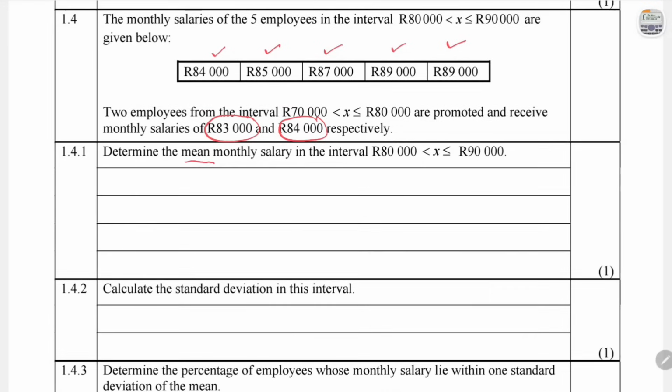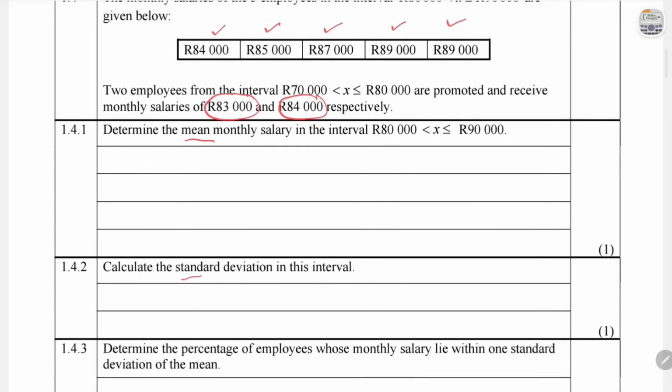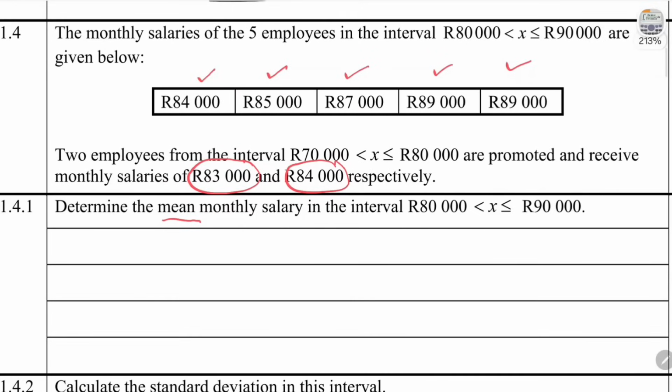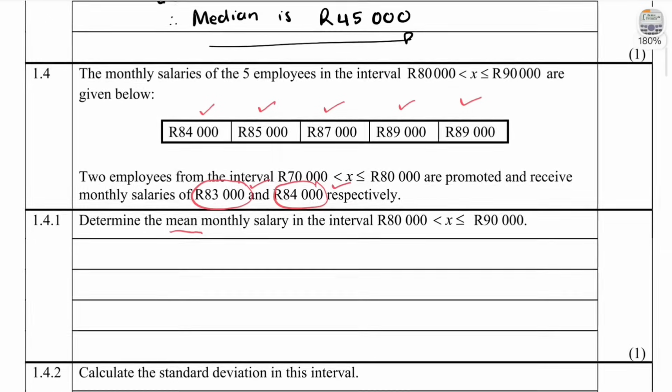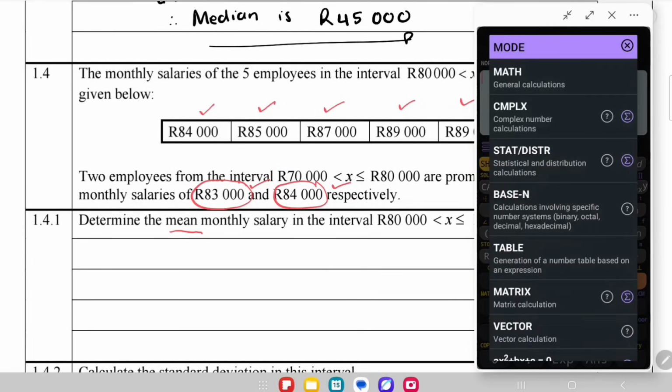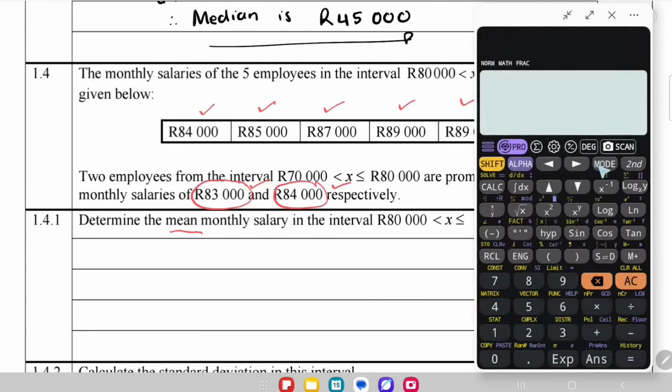So with these questions, always just check the next question, okay, if they ask for standard deviation, so you know whether to put this on the calculator or not. Now, as you can see, they do ask for standard deviation. So let's go ahead and record this data, these 7 values on our calculator. So that's the 5 here and these 2 that have been added to this category now. So on our calculator, we're going to go to mode, and then you need to go for the option stat.